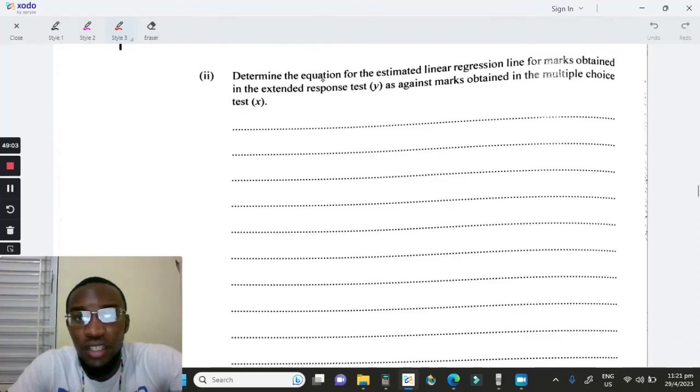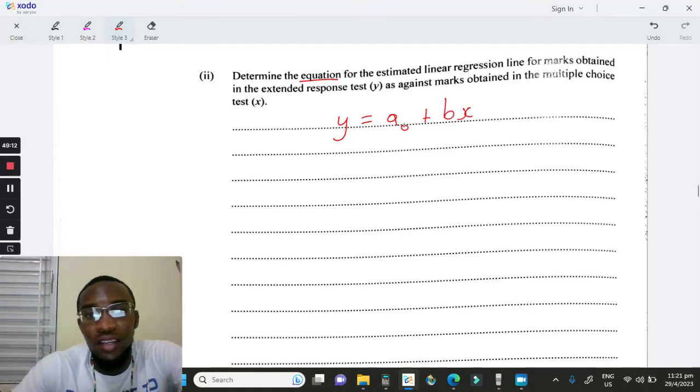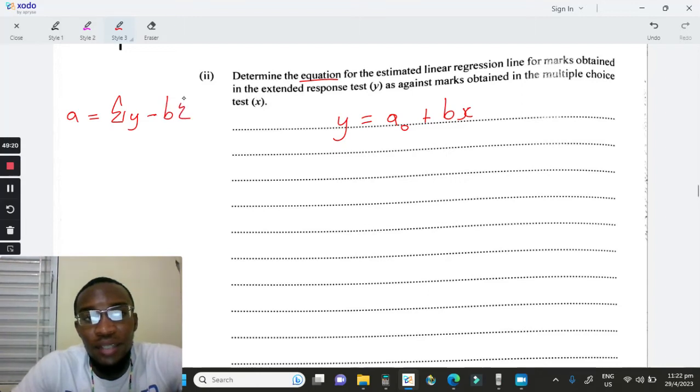Determine the equation. Now remember the equation is y is equal to a plus bx. We need to find a. We already know b. So remember, a is equal to the sum of y minus b times the sum of x, over n. That's the formula for a.